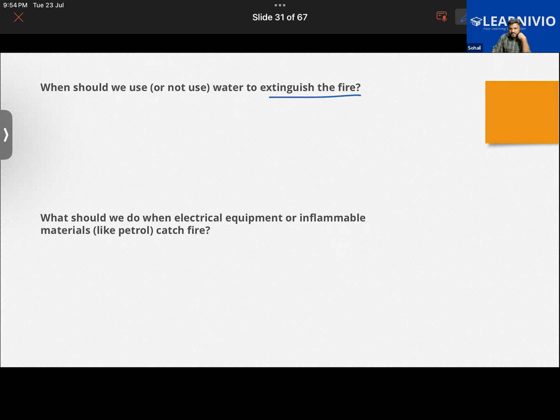Come on, answer this question. It's a simple question. We are talking about the type of fuel which is on fire.